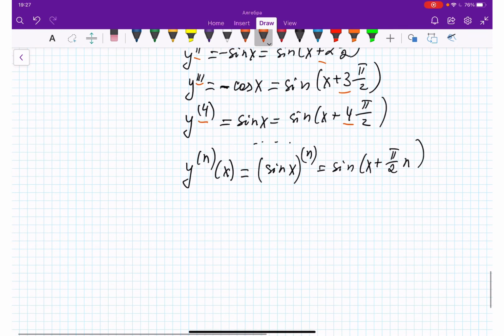And if x is equal 0, then the nth order derivative of 0 is going to be equal sine pi over 2 n, right?